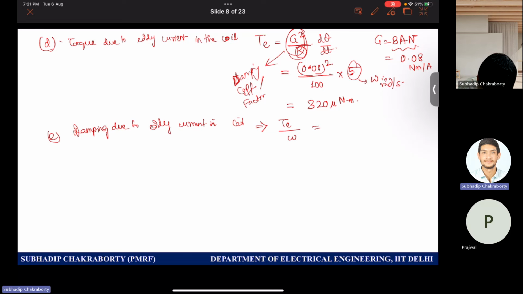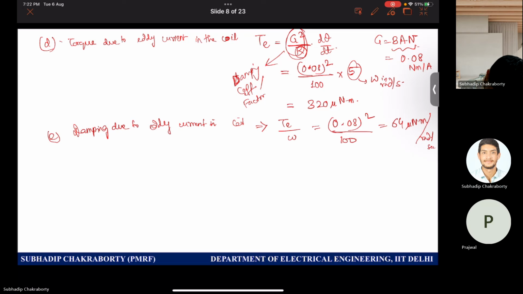So how much is it? It is 0.08 square divided by 100, which comes out as 64 micronewton meter per radian per second.